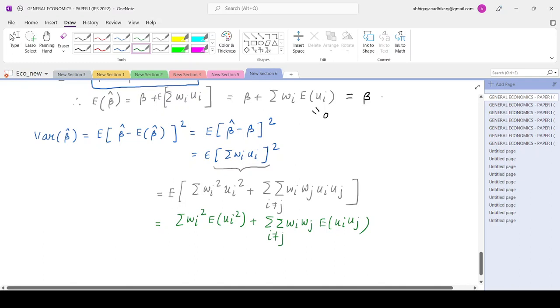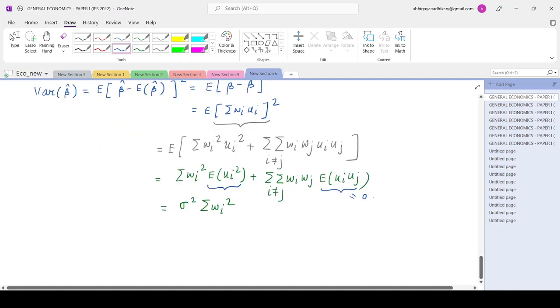Now if you again look at the assumptions that we have taken, what is the expectation of ui square? That is sigma square. And what is the expectation of ui uj? This is 0, the third thing that we had mentioned. So variance is basically sigma square summation wi square. And what is summation wi square?